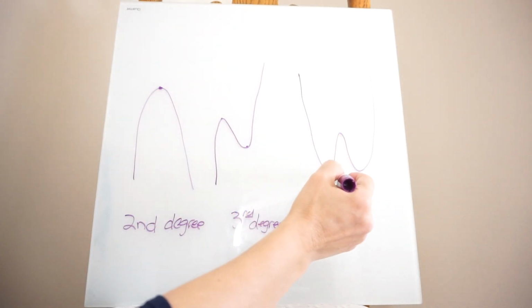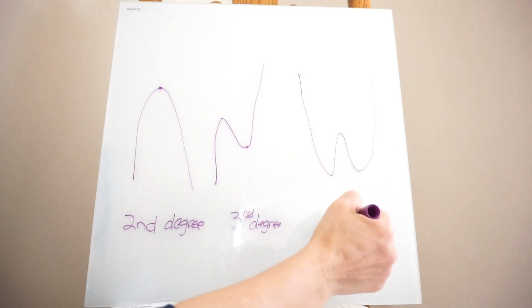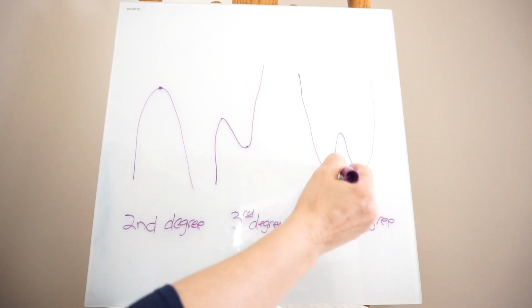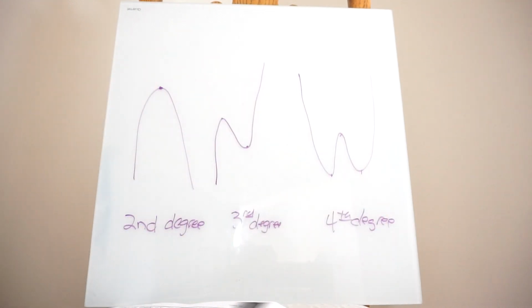It could have many other shapes, but at most, it's going to have 3 turning points. Excuse me. Okay, so that kind of tells us what the turning points are. You know that at most, it's going to have fewer turning points than the degree of the polynomial.